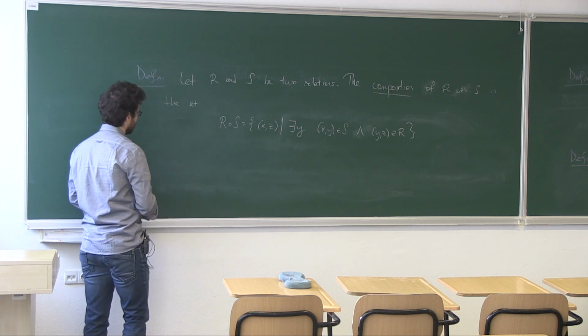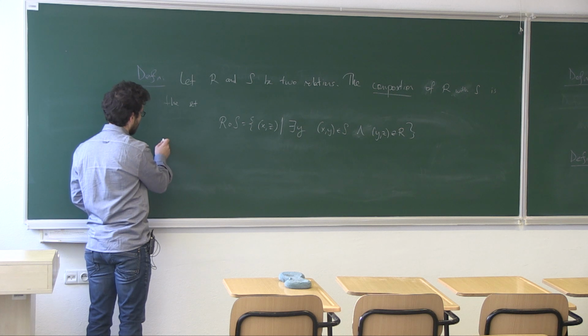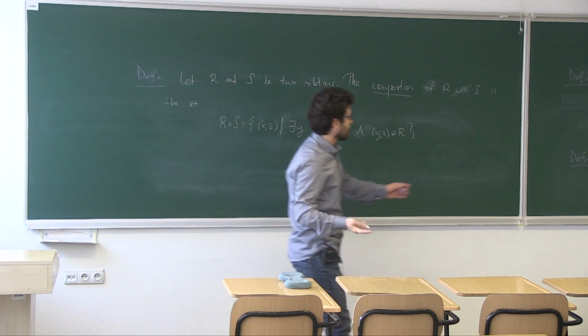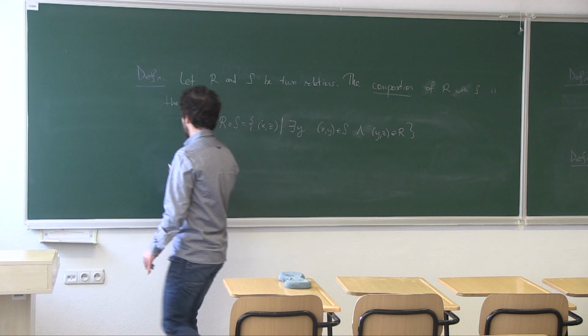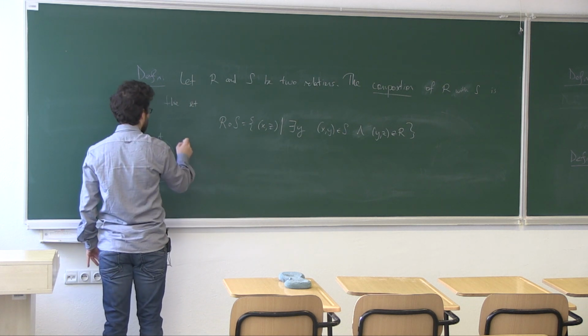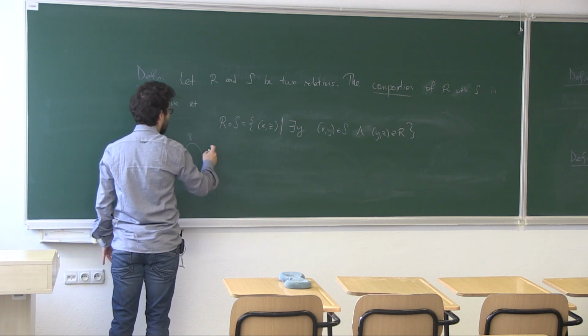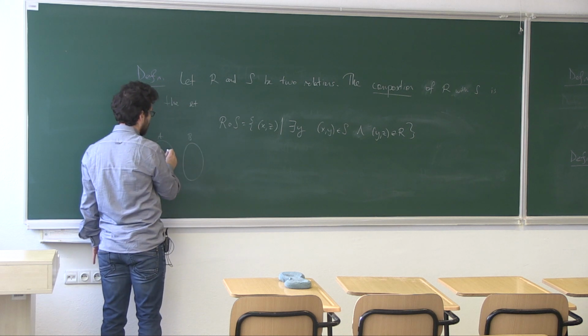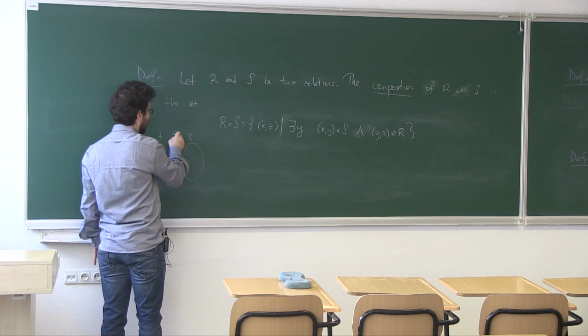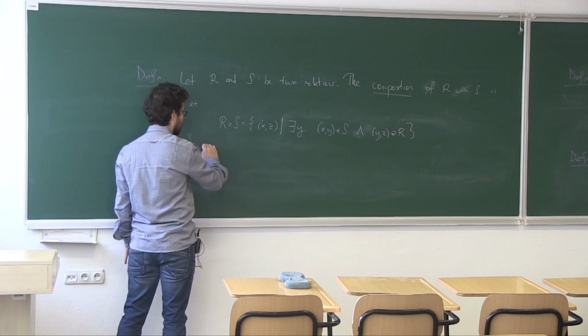So what does it do? Okay. Let's say I have a relation from some set A to some set B, and let's call this relation R. R is a subset of this Cartesian product.